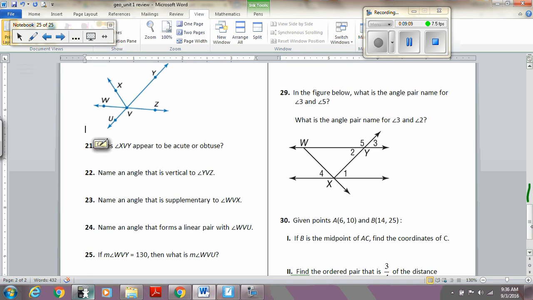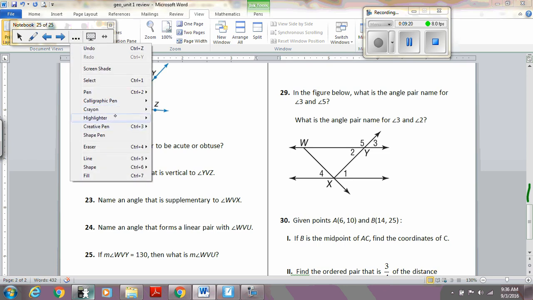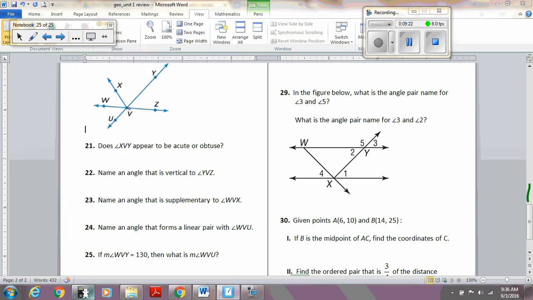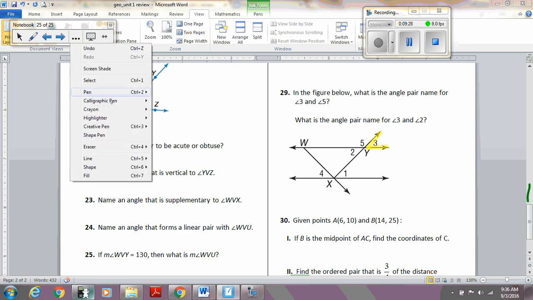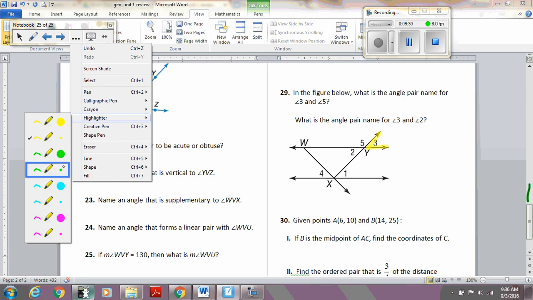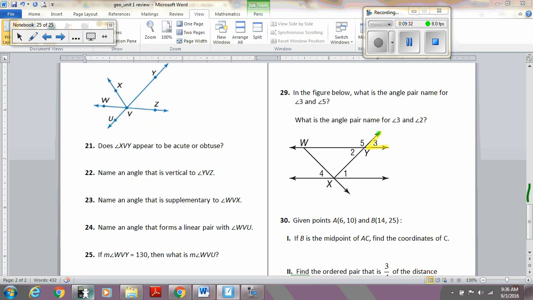29 says, in the figure below, what is the angle pair name for angle 3 and angle 5? So let's highlight those two. This is angle 3. And this is angle 5.